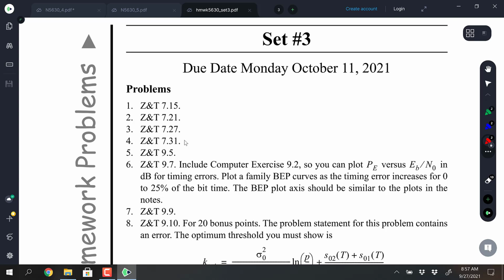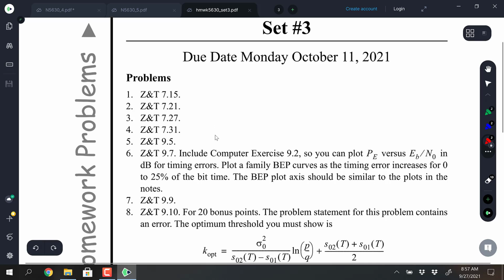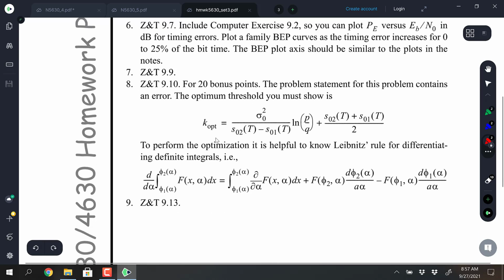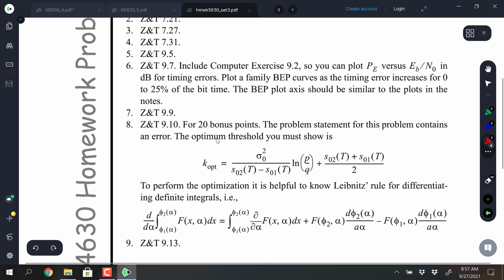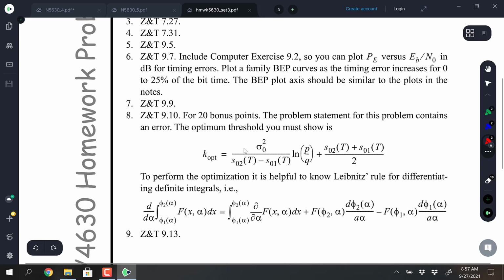I was reviewing them again last night. So those top this set, number 3, and then we're into the next chapter. We skip over chapter 8 because that's analog signals and noise, and then we start with digital modulation in chapter 9.